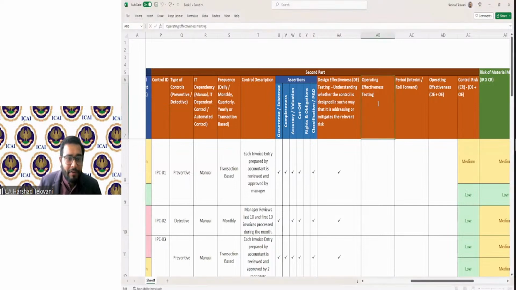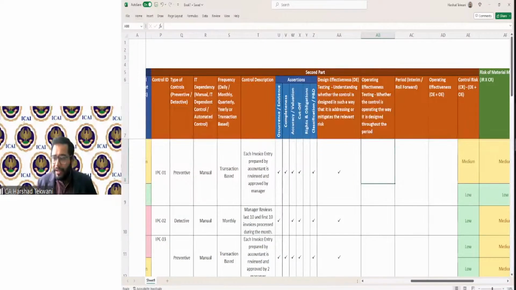In operating effectiveness, I check whether the control is operating the way it is designed throughout the period. Understand what I'm doing?